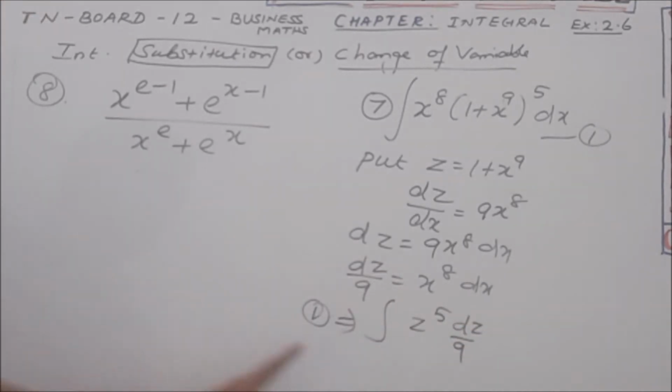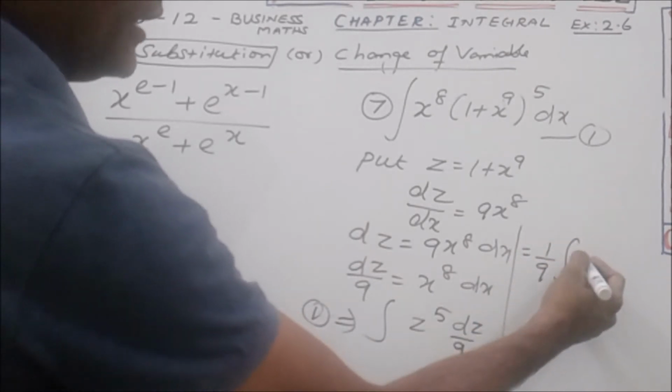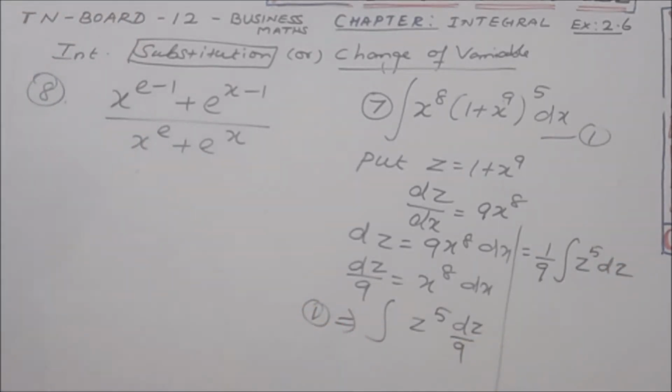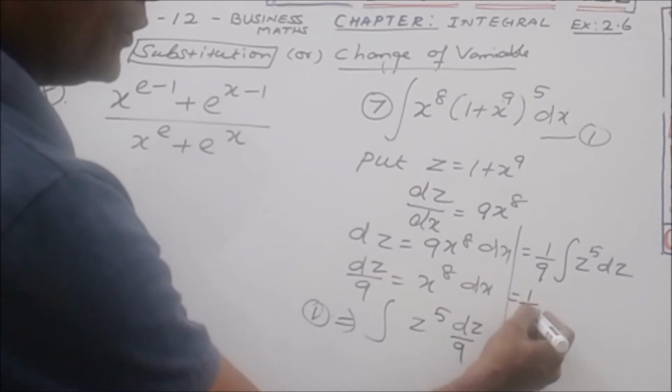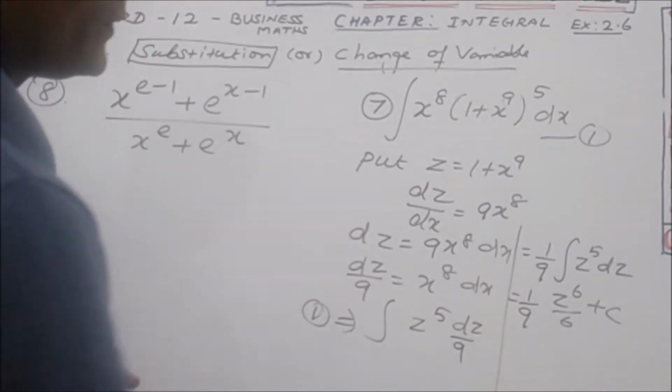Taking 1 by 9 constant out, 1 by 9 into integral z power 5 dz.